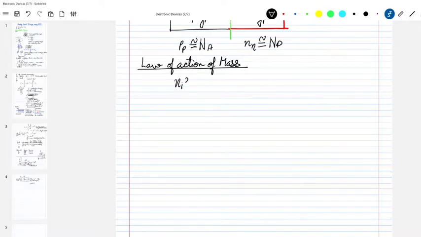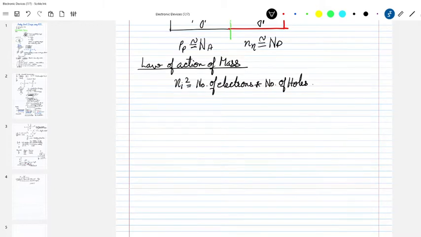Ni square in any material will be the number of electrons times the number of holes. So basically Ni is the geometric mean of the number of electrons and number of holes. Right.